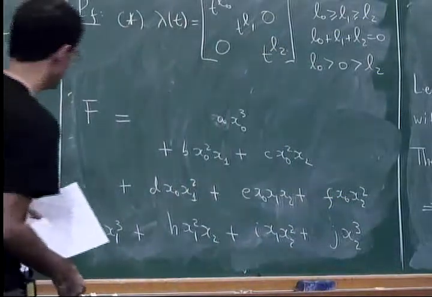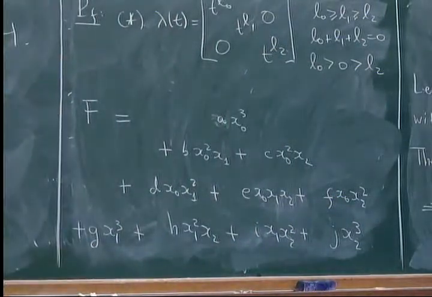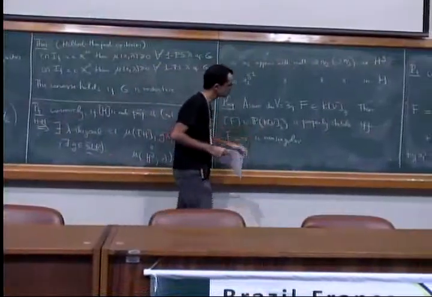Didn't state too much triangular, but okay. Right? So these are A, B, C up to J. These are the coordinates of this point in the projective space.